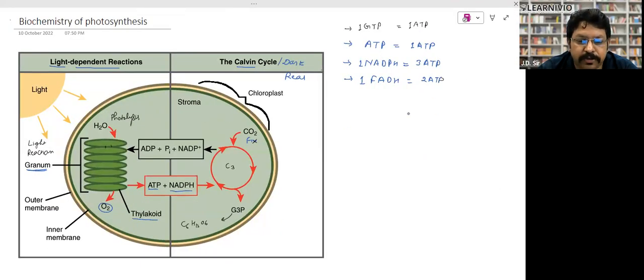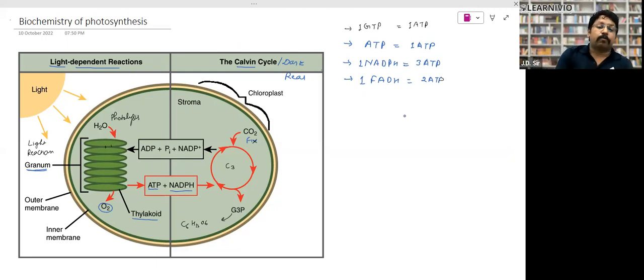Biochemistry of photosynthesis. Photosynthesis is the combination of two reactions, light reaction and dark reaction, that we have studied, right? Light reaction is also known as the light dependent reaction.